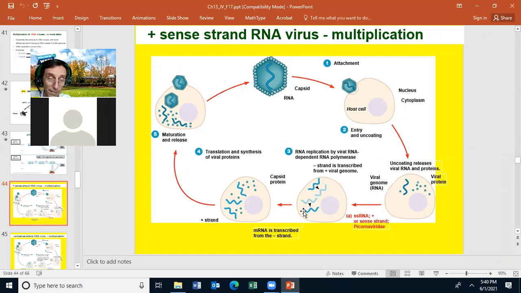The positive strand RNA genome can then get together with the viral protein coat and then made into a new virion. And then these new virions will be released from the cell, either by lysis of the cell or by the budding life cycle. Any questions about multiplication of the positive strand, single-strand RNA viruses?